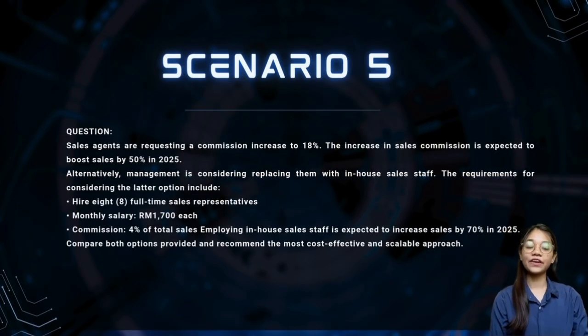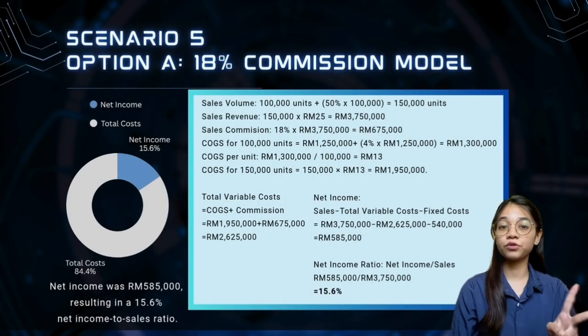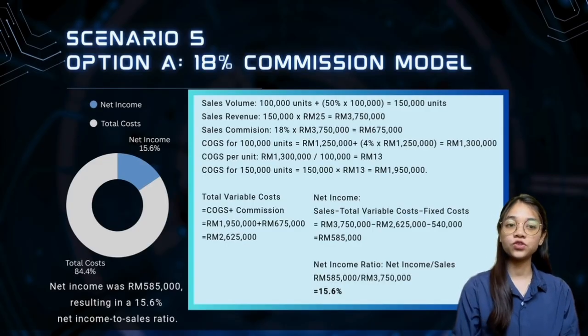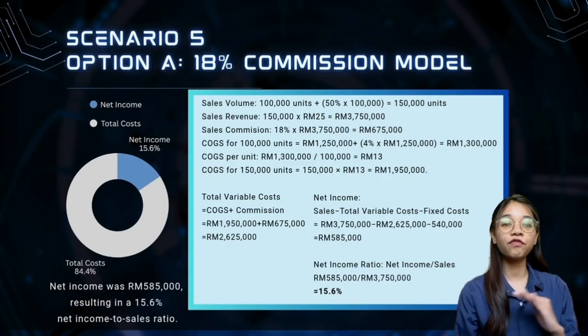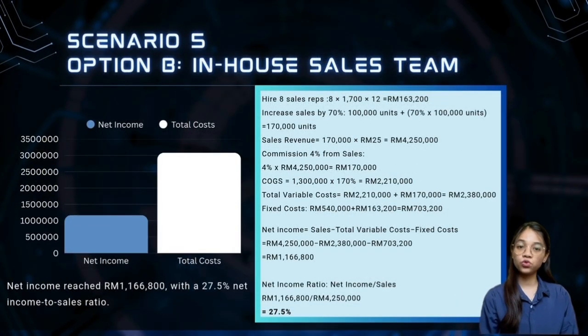Let's proceed with scenario 5. Scenario 5 compares two options to increase sales. Option A is to raise the agent commission to 18%, which increases sales by 50%. But after calculating all costs, the net income ratio is only 15.6%, which is far too low. Option B is to switch to an in-house sales team.